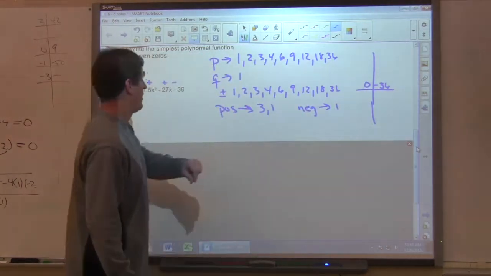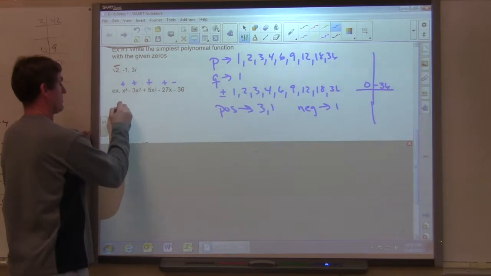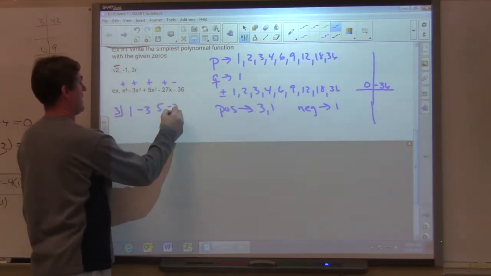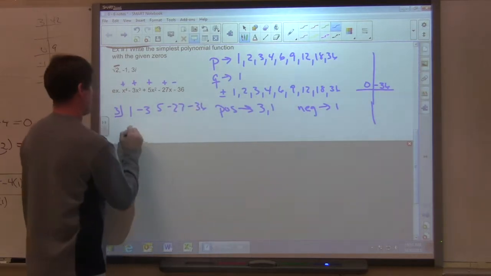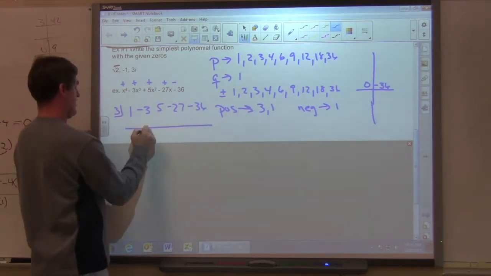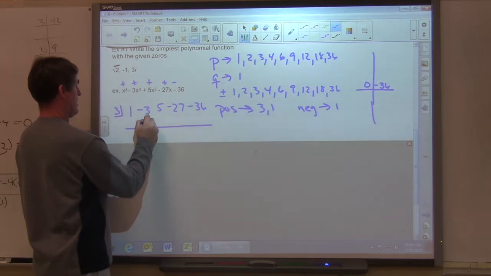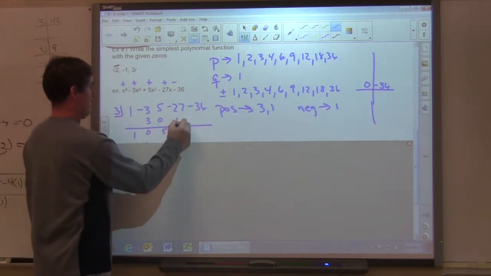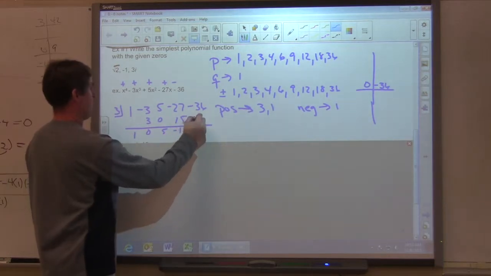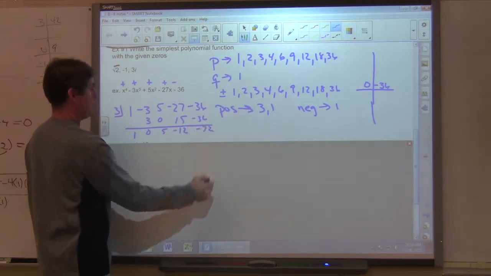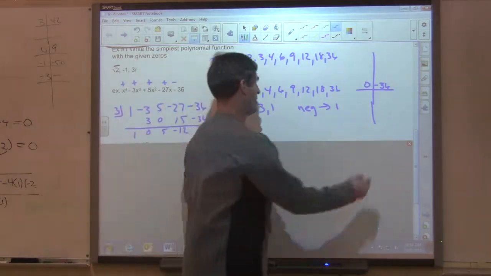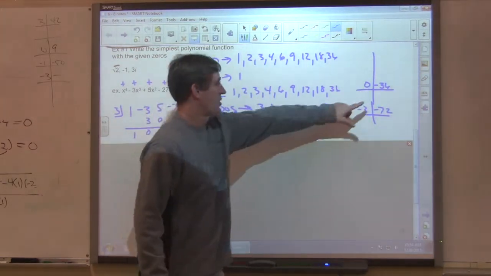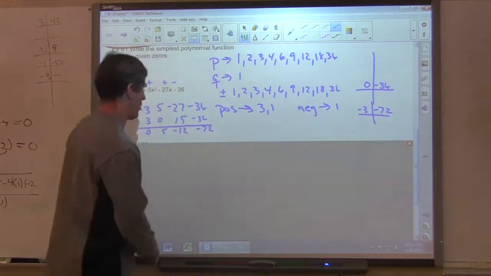So let's try 3. 1, negative 3, 5, negative 27, negative 36. 1, 3, 0, 0, 5, 15, negative 12, negative 36, negative 72. So that doesn't work. So it could have crossed twice already, or it may not have crossed at all.